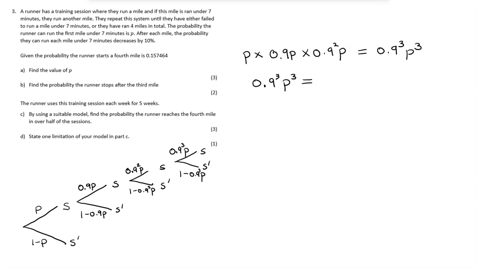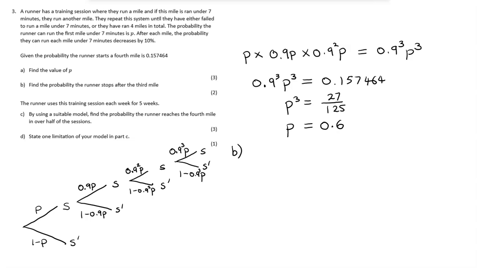So we know that this probability is equal to 0.157464. And if I divide both sides by 0.9 cubed, I get 27 over 125. Now you might see why I purposely picked 0.157464 as this probability. When we cube root this, we'll get p as 0.6. And that will be our value of p, and that's part A done.